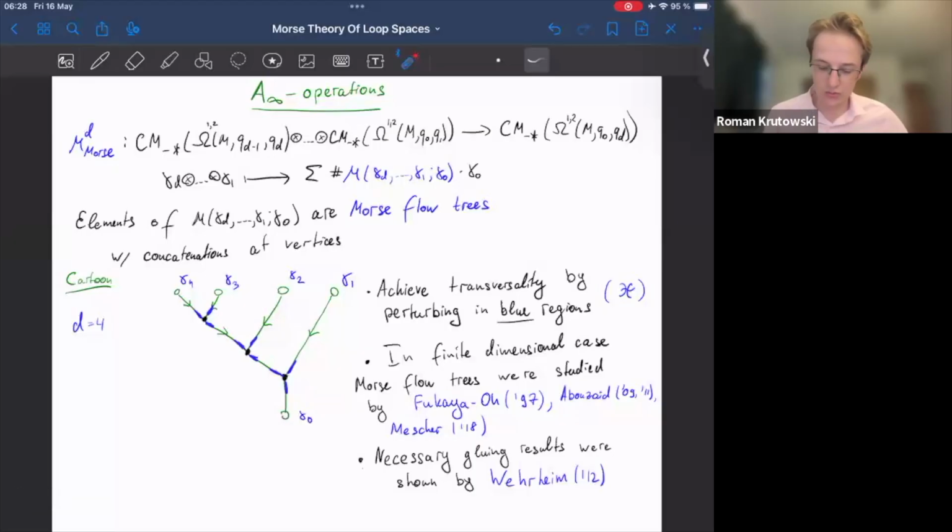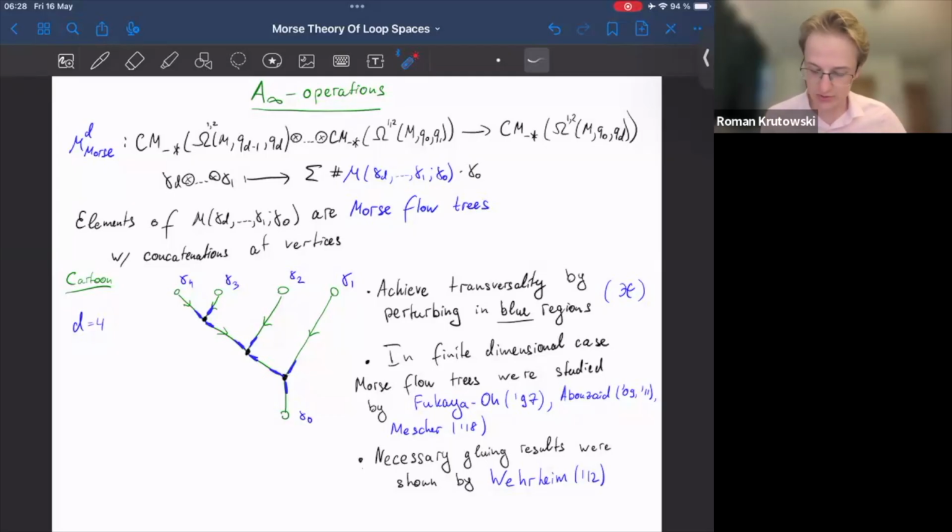First, I would note that achieving transversality for this type of moduli spaces is possible if you introduce time-dependent or flow-dependent perturbations, still landing in that X we fixed some time earlier. And we only need to require that we perturb near the vertices of this graph. So we do not perturb near critical points, but somewhere in the interior, perturbations are needed.